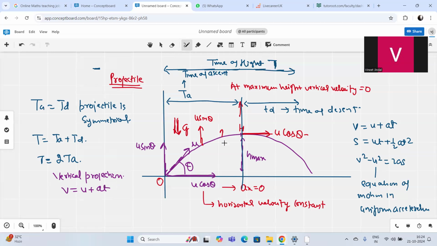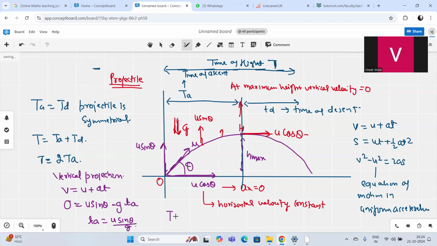As I already told you, the vertical velocity at the top of the height is 0. The initial vertical velocity is u sin theta, and it is moving against gravity, so the acceleration is minus g, and t is the time of ascent. So the time of ascent comes out to be equal to u sin theta divided by g.